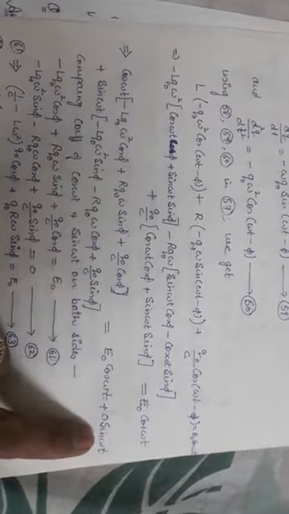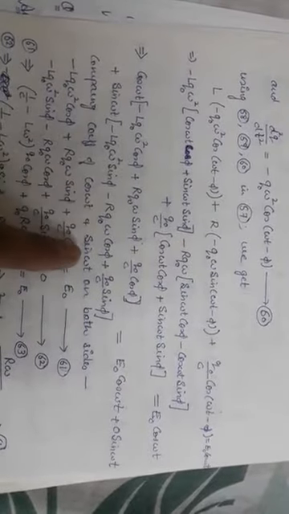Now on the two sides, I'm collecting the cos terms separately and the sine terms separately. And on the right hand side, I'll write this as E naught cos omega t plus 0 sin omega t. Alright. Now on both sides, I'm comparing the coefficients of cos omega t and sin omega t in this equation.